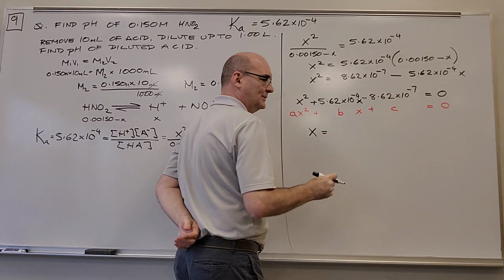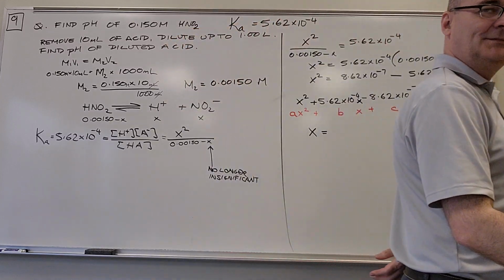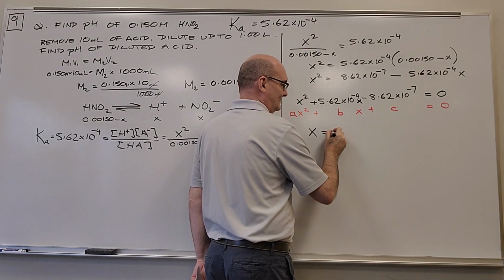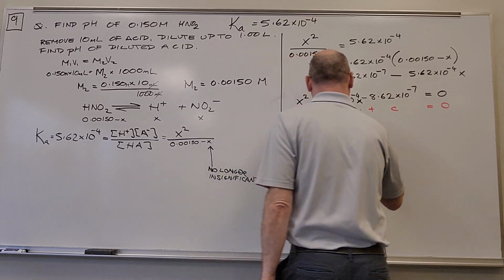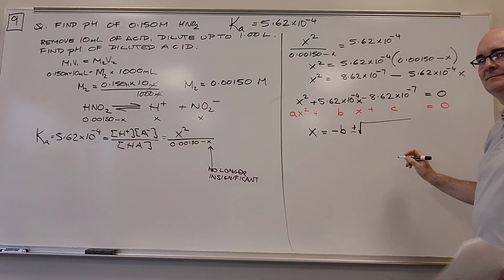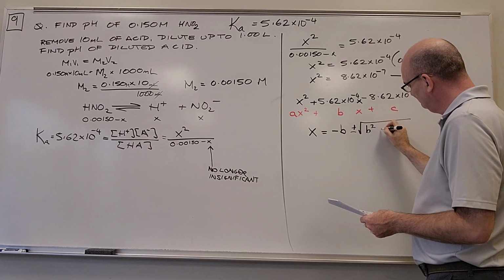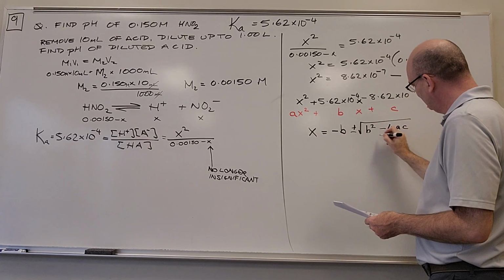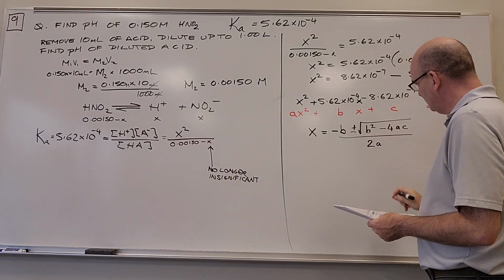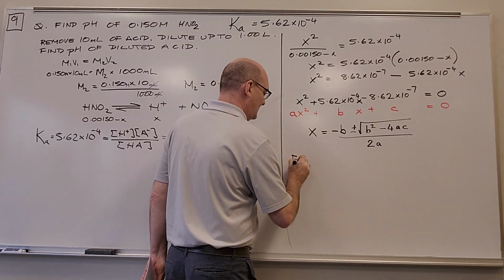Quadratic equation: negative b plus or minus the square root of b squared minus 4ac, all over 2a.